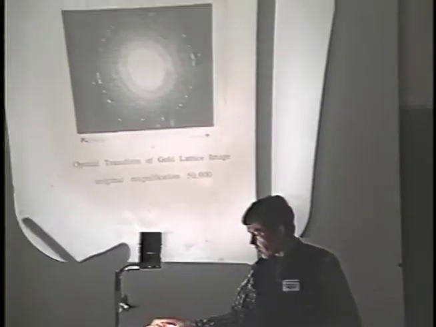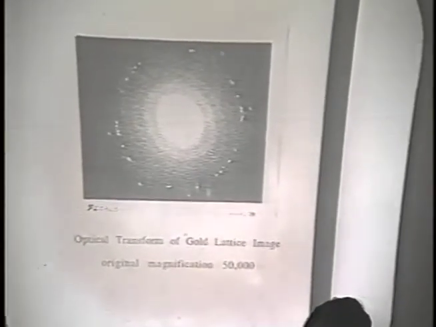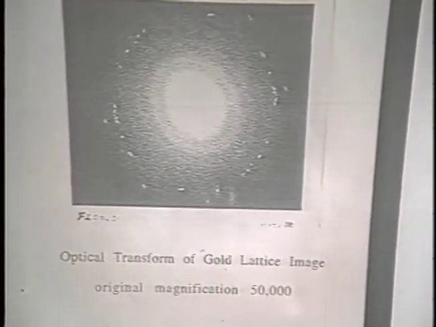And this is an optical transform of one of his images. What you see here are rings that arise from the oscillations of that sine function in the contrast transfer. But also out here, you see spots that arise from the diffraction from the gold lattice recorded on the image. So this is a 2.3 angstrom lattice image recorded at 50,000 magnification.